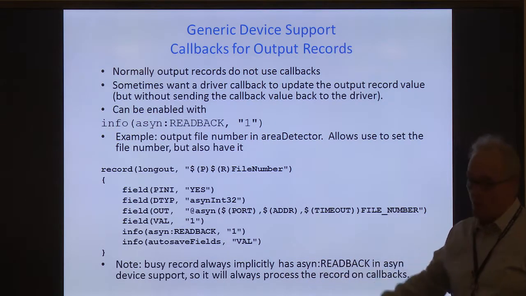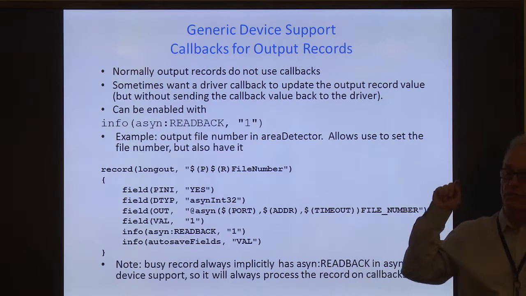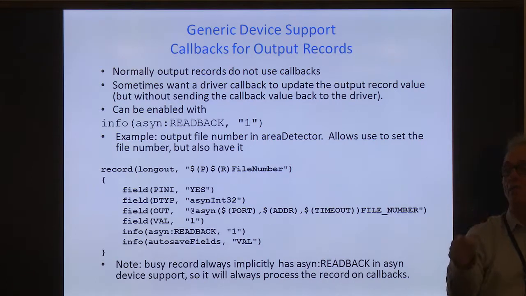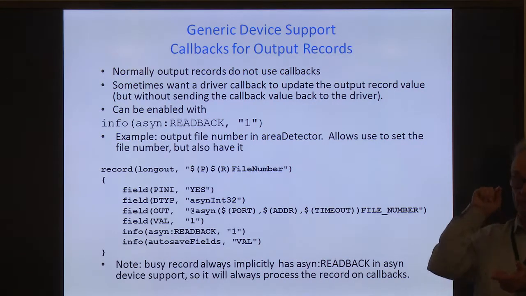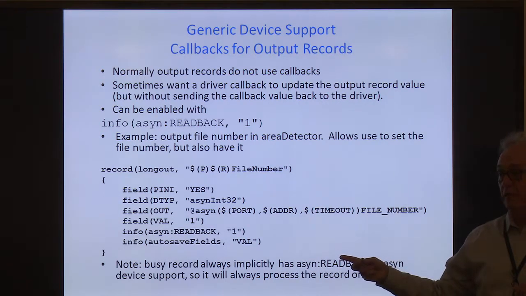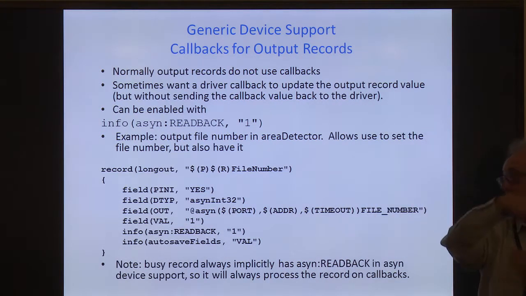The reason that's important is it lets you, with a channel access client, do a CA put callback. And a CA put callback means, do a channel access put and then call me back when you're done. That doesn't happen until rec global forward link is called in the busy record.